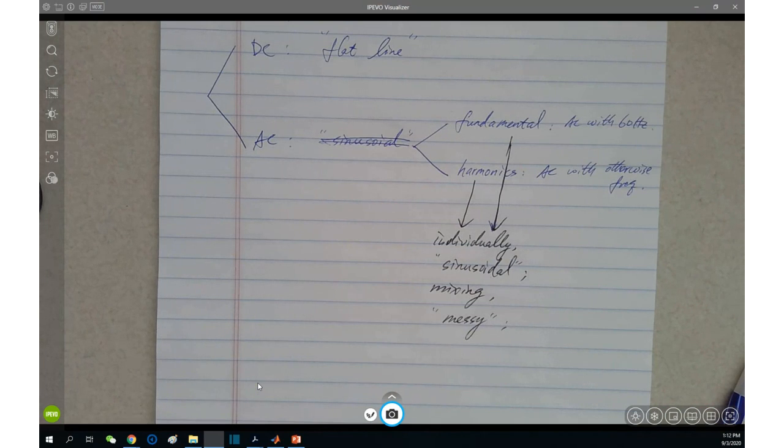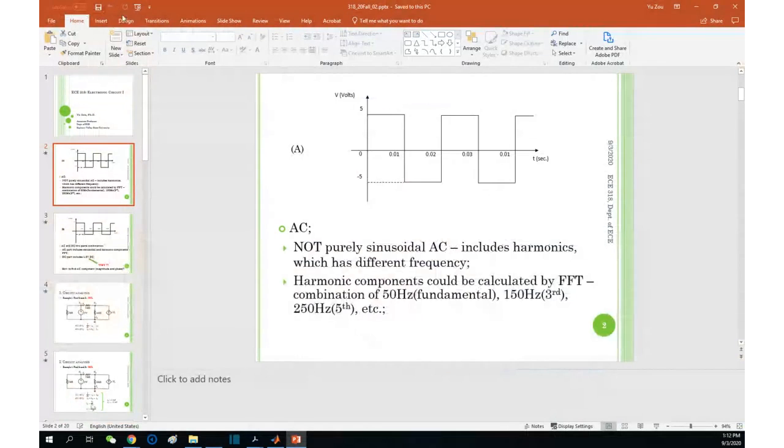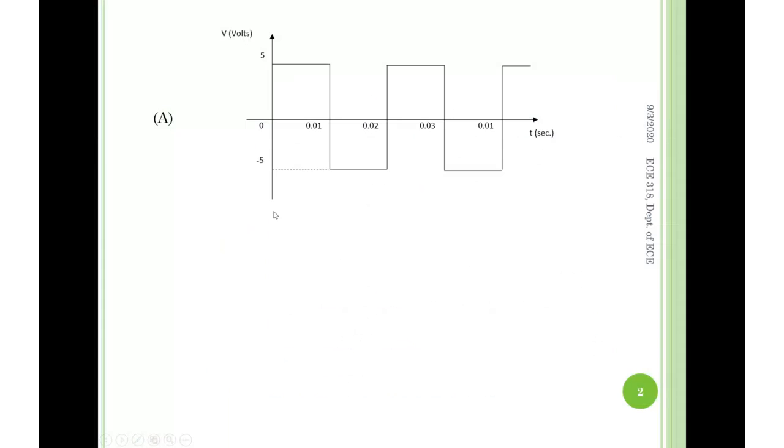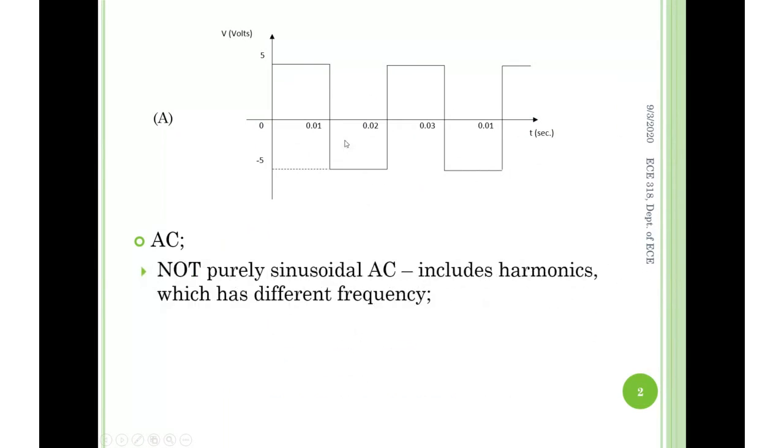So this is the signal concept, and then going back to our PPT slides here. What we're seeing with signal A is, first of all, as I said, we know this is not DC. There's no DC contained at all. However, look at the AC. This signal A does not look sinusoidal at all, right?